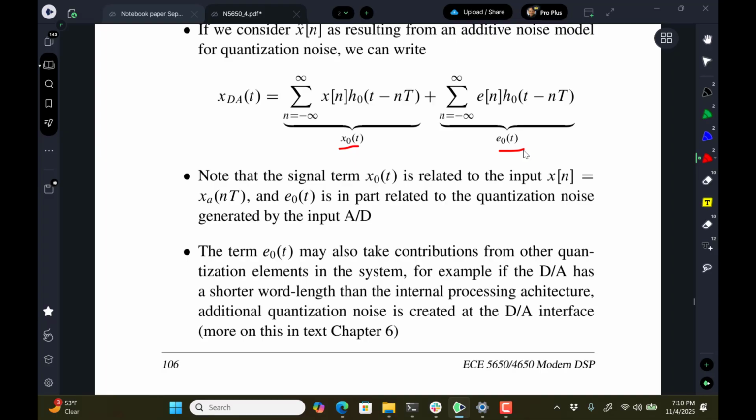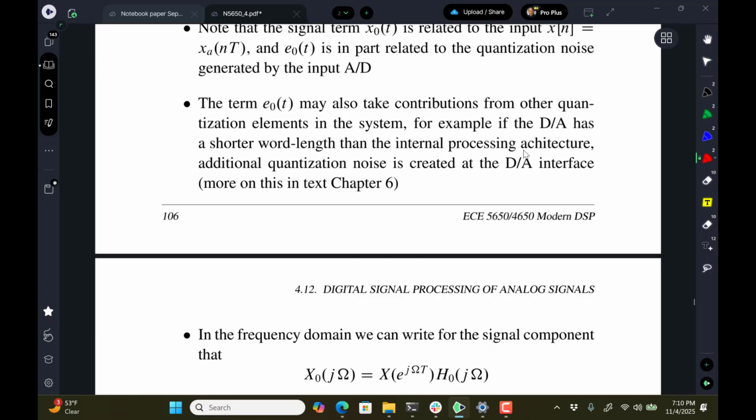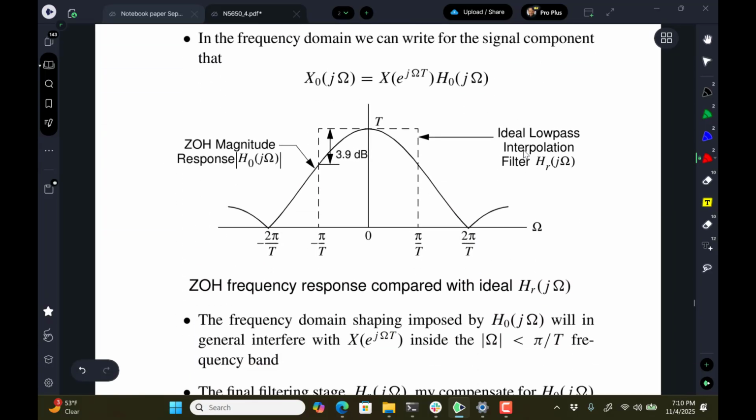E0 is error and quantization noise from other parts of the system. So we have both of those adding together, and the zero order hold filter is the sinc function.